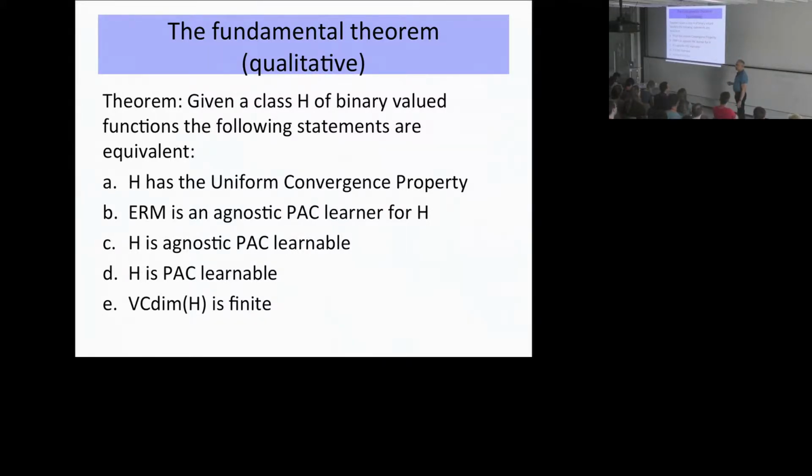If the VC dimension is infinite, then it's not learnable. If the VC dimension is finite, then it is learnable. And we will soon see also a quantitative version that shows that this relationship is even more tight. It's not just learnable or not learnable, but it also completely determines the number of needed samples.